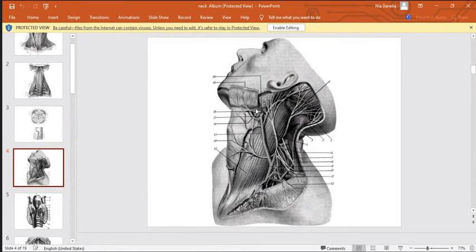So the skin of that area is innervated by this nerve, and the supraclavicular nerve innervates the lower part of the skin of the neck region, but its branches descend below the clavicle and posteriorly to the scapular region. So the skin of the scapular region and upper part of the thorax is also innervated by the supraclavicular nerves.